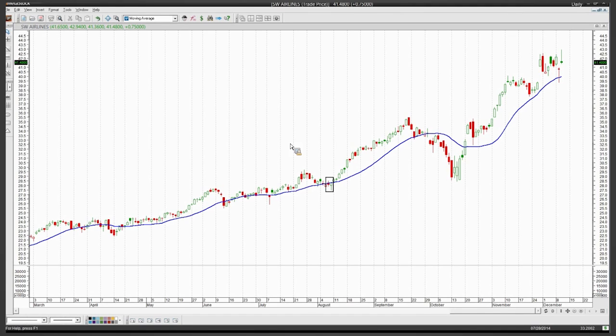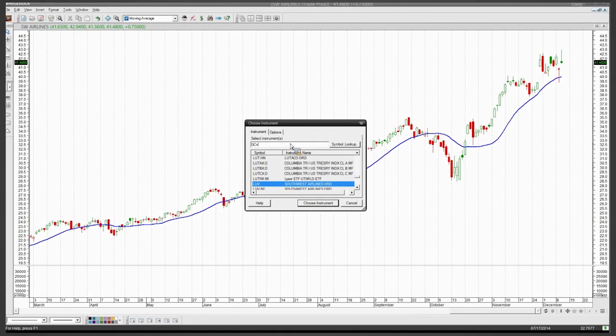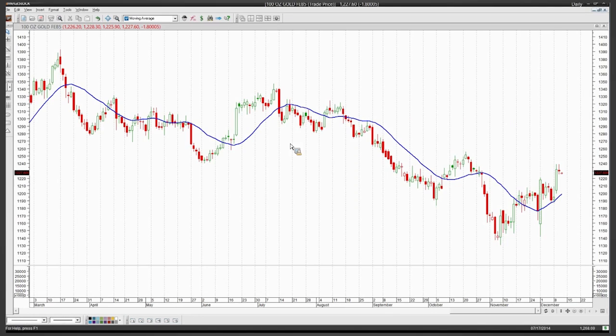Now, as I mentioned earlier, this works just as well on futures contracts, on Forex pairs, any time frame, any market. And let me show you a chart of gold here. And see just how well this works.